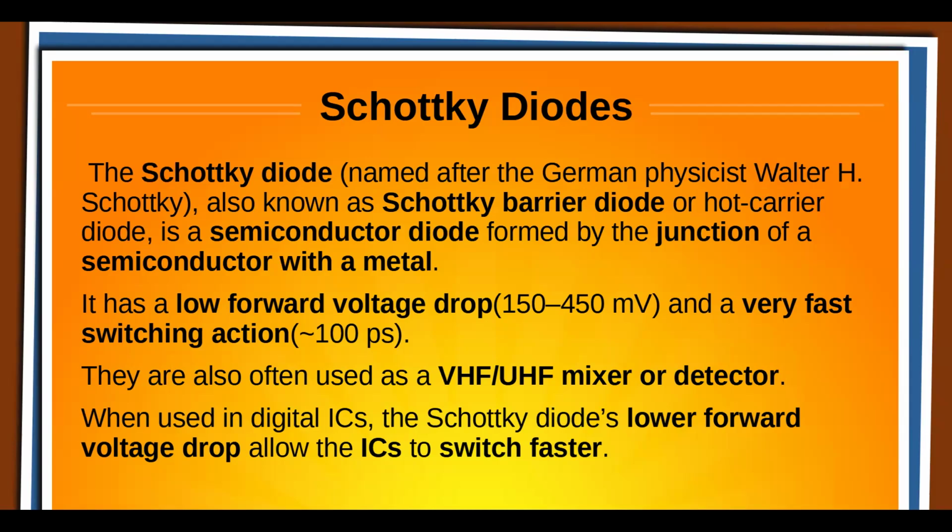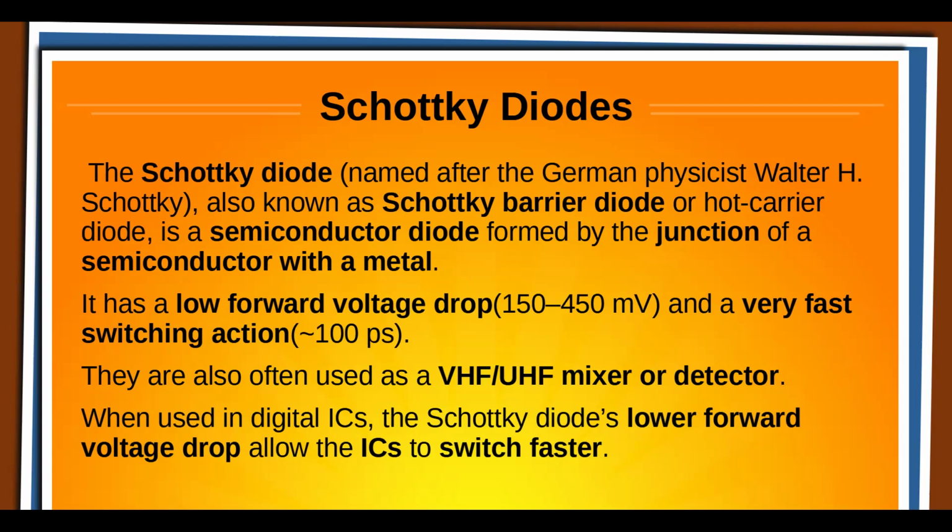So they started using that technique in integrated circuits. And there was the Schottky series, or the S series, of like the 7400 integrated circuits. And then they came out with low power Schottky or LS versions.